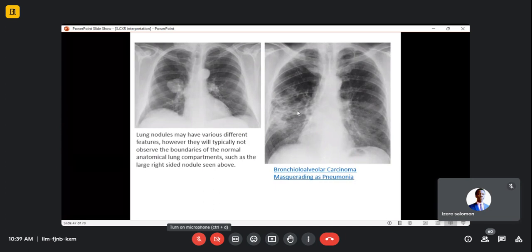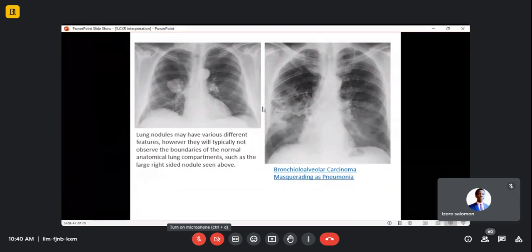On the right side, we have another irregular or patchy opacity with air bronchogram. But also someone told me that there are some linear or reticular opacities within it.